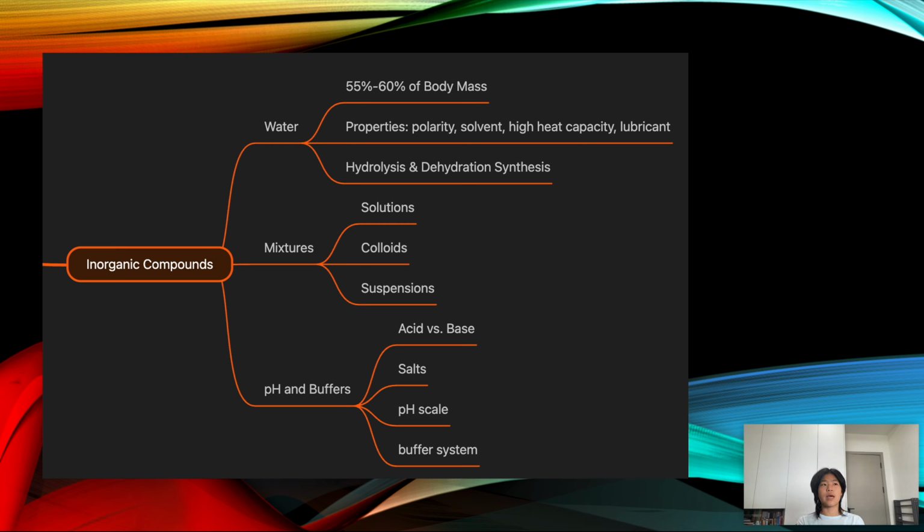For example, salt and water is a solution. We also have colloids. Colloids are different from solutions because of the size of their particles. In colloids, the particles are really large and can scatter light. For example, consider fog.